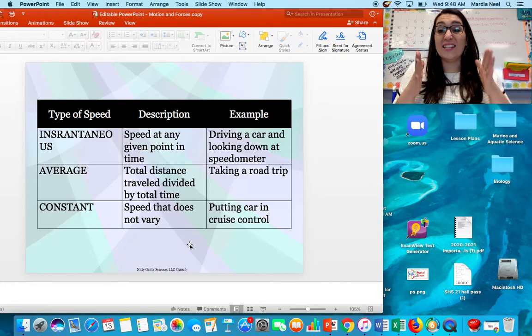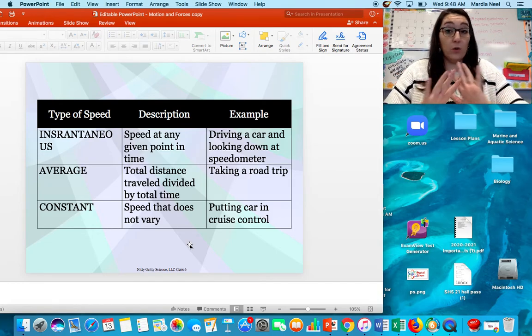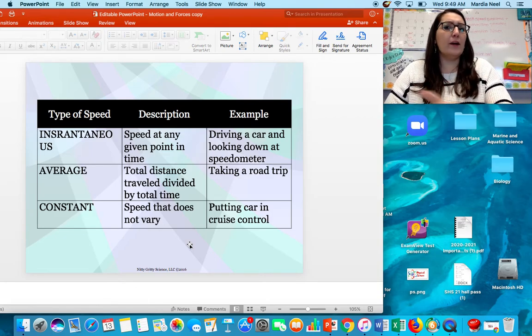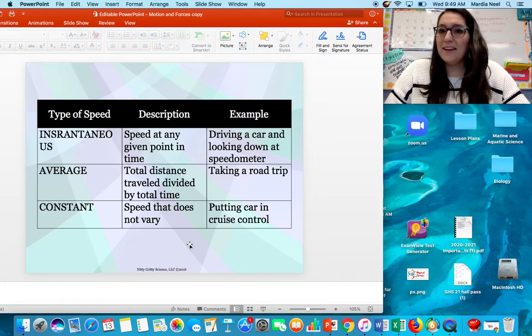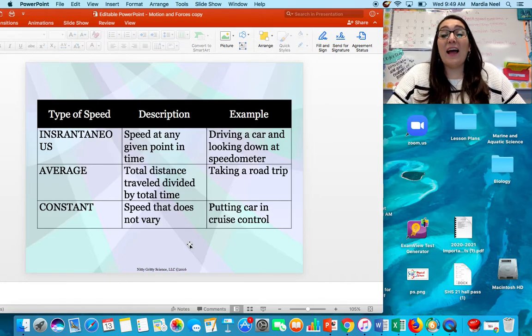Constant is if for that entire trip you traveled at 60 miles per hour. Your mom got on the road, put the cruise control on, and didn't touch the gas at all, ever, or the brakes. Probably not the best idea. This is why automated cars took so long to come up with. So, average speed and constant speed are kind of constraints put on science that we use in the lab. Instantaneous speed is what's really going on.